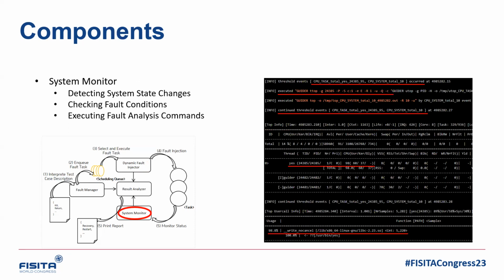The system monitor actively tracks state changes both before and after fault injection, looking for any abnormal symptoms. The monitored parameters include resource utilization, task status, memory values, file sizes and existence, function call frequencies, and return times, among others.